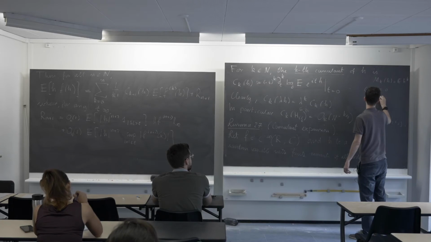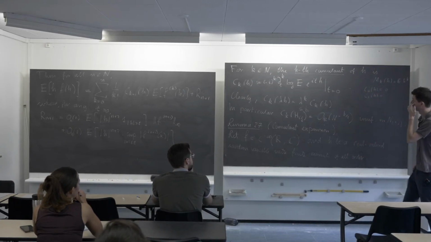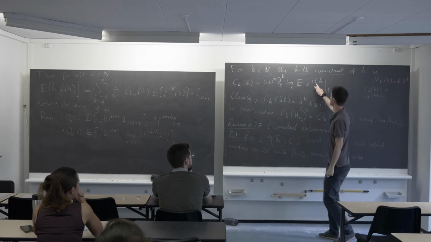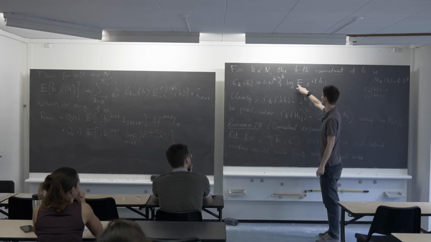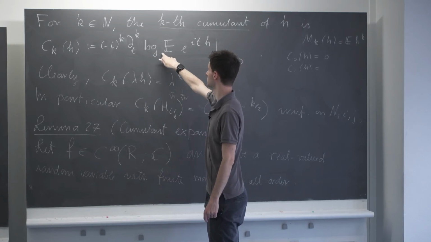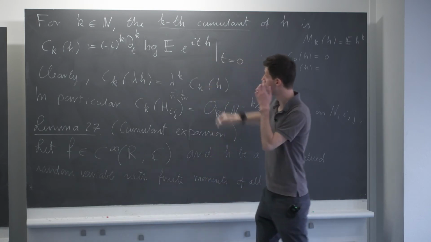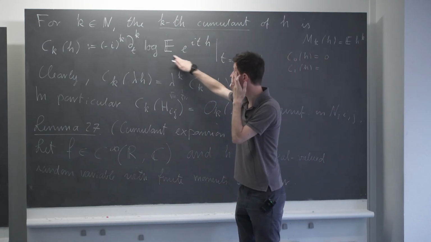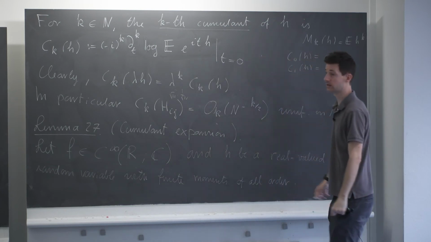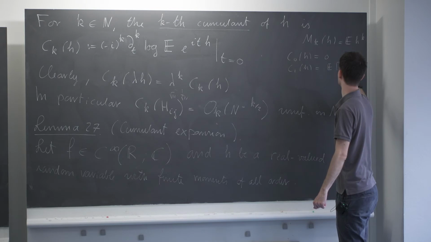C1 of h, if you differentiate this once, you get the derivative of the log. Downstairs you get 1, because you set t equal to 0, and upstairs you get the derivative of this guy, which gives you the expectation of h. So this gives you precisely the expectation of h.